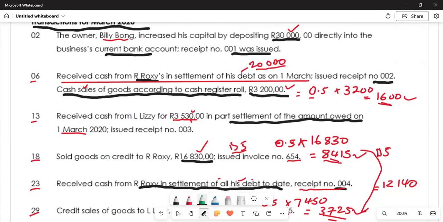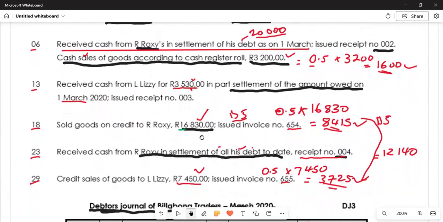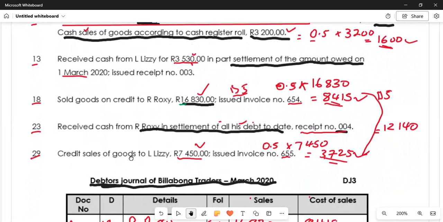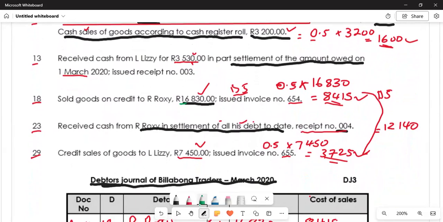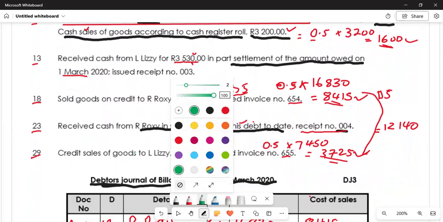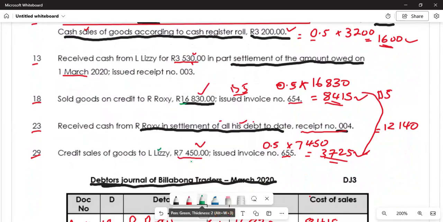So we know it was on the 18th that there were goods that were sold on credit amounting to what? 16,830. This is the debtors journal, like I've already written it, for Roxy. Also there is a credit sale on the 29th for Lizzie, which is 7,450.